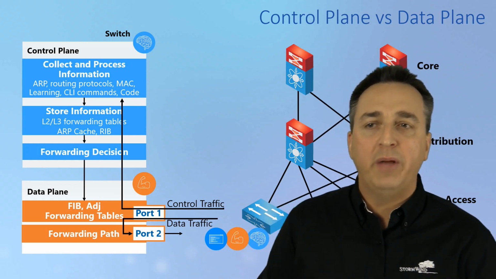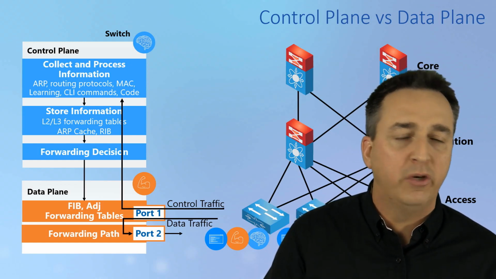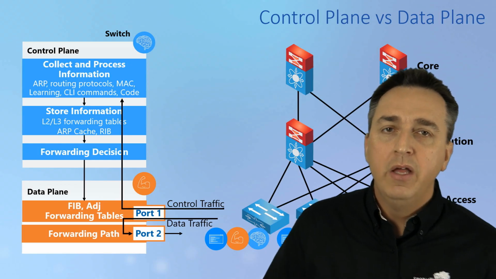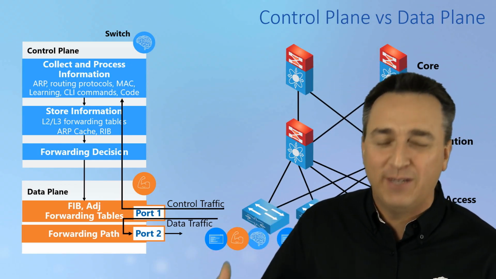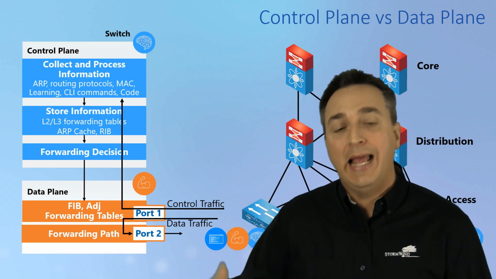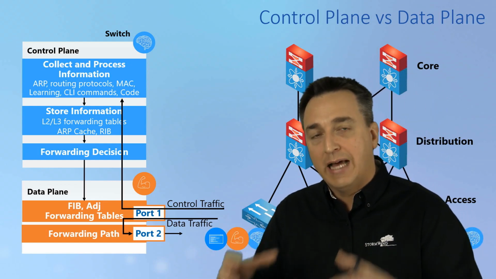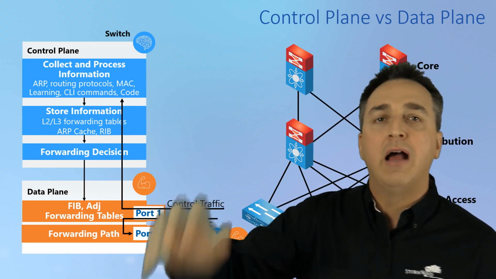And when we say hardware-based table, we're talking about tables that are stored in ternary content addressable memory and also content addressable memory, so CAM and TCAM. And we are using application-specific integrated circuits, also known as ASICs, down at the data plane in order to make sure that we can make decisions at the data plane based on tables at the data plane without ever having to bug the control plane.